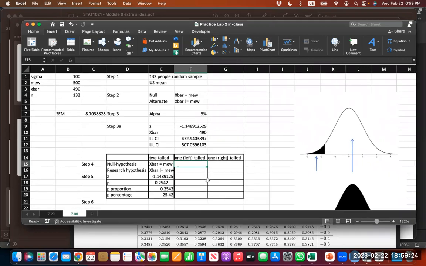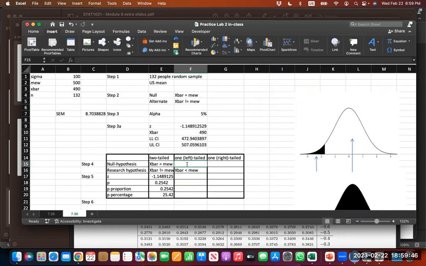So when we're phrasing now a null hypothesis, we're starting again with the left side of the hypothesis. That means the research hypothesis is interested in whatever's to the left. So our research hypothesis is X bar is smaller than mu.